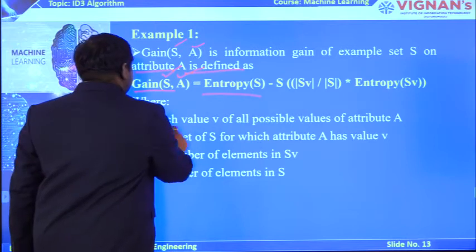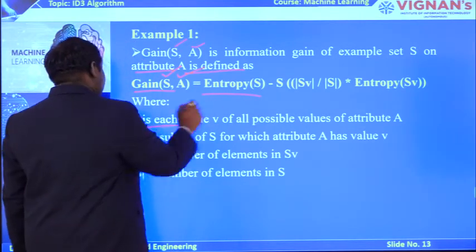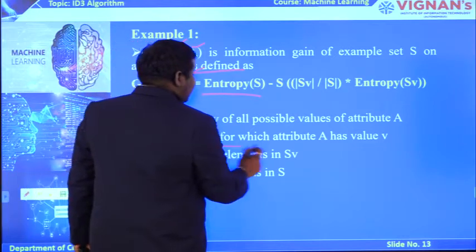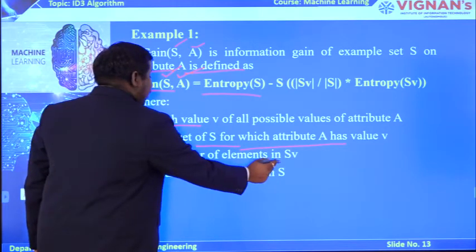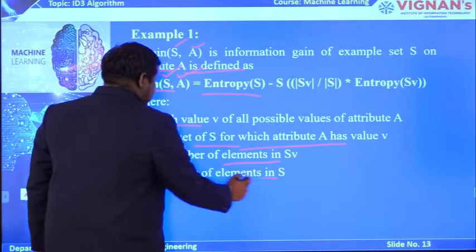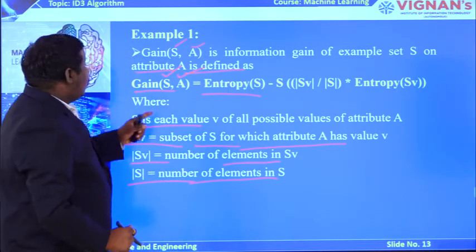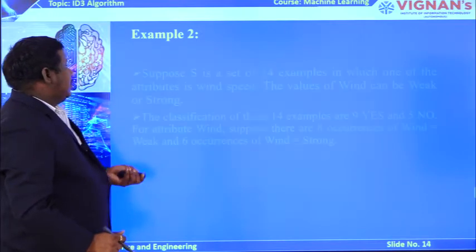Here SV is the subset of S for which attribute A has value V, modulus SV is the number of elements in SV, and modulus S is the number of elements in S. This is how we are going to calculate the information gain.